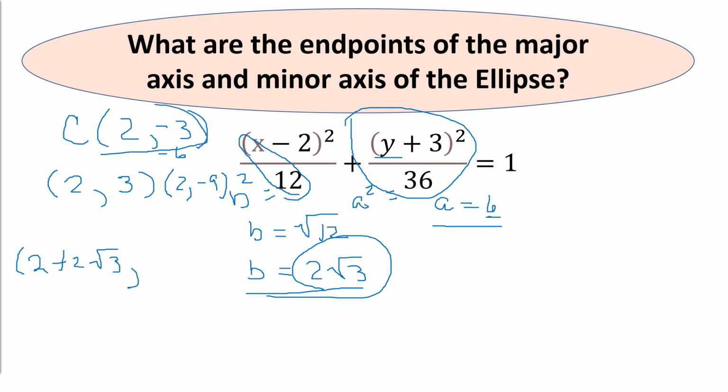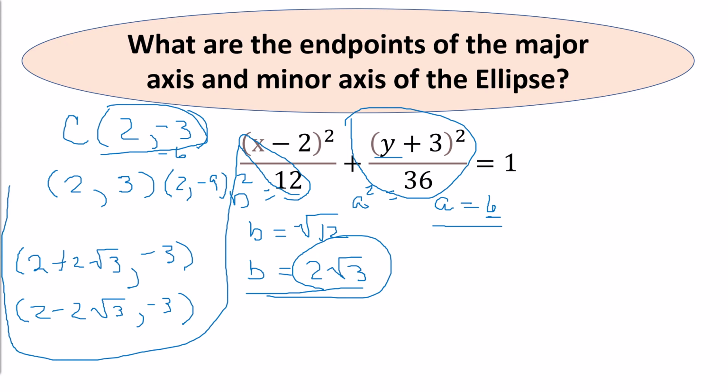We're not doing anything to the y this time. Negative 3. And then 2 minus 2 square roots of 3. And then negative 3. So we have these 4 points, major and minor axis, and we have the center. And you could draw a sketch of that.